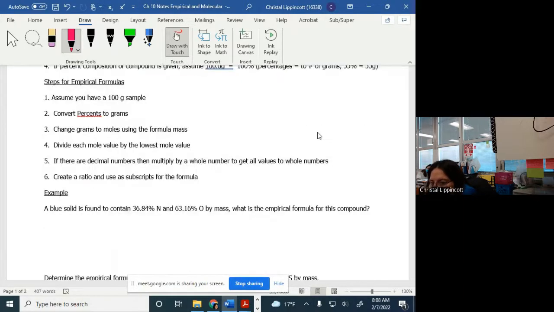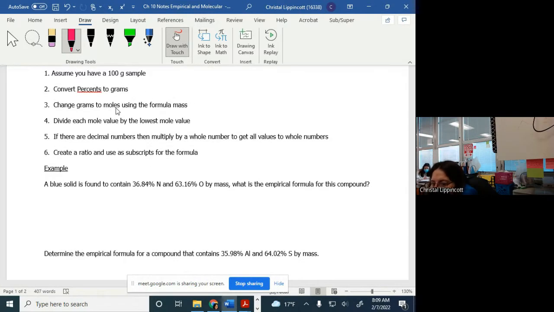So step 1, if you are given a percentage of the sample, sometimes you're given grams and then you can skip down to number 3 here. But if you're given percentages, you're going to assume that you have a 100-gram sample, and then those percents are your grams. Then you change your grams to moles. You divide each mole value by the lowest mole value listed.